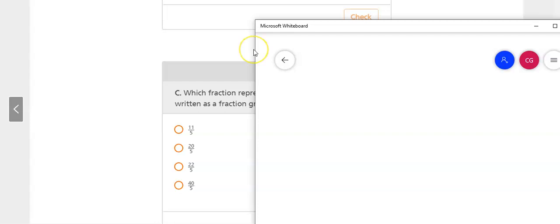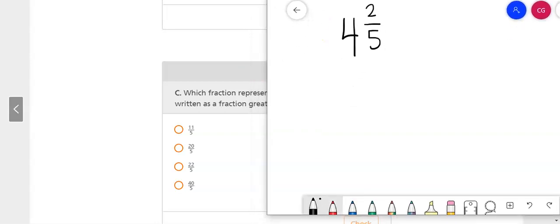We are going to multiply the denominator and the whole number on the outside. So 5 times 4 is 20, and then we're going to add that to 2. So 4 times 5 is 20, plus 2 is 22, and we keep the same denominator. So we have 22 over 5.